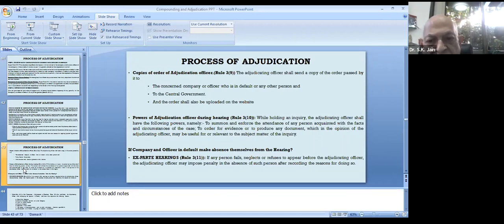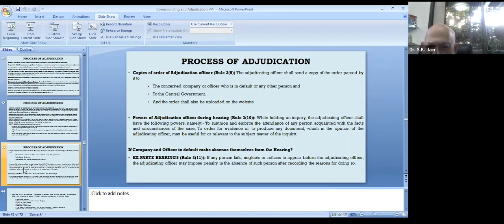To order for evidence, the ROC as an adjudicating officer can record the evidence or may force the party summoned to produce any document which in his opinion may be useful for or relevant to the subject matter of the inquiry. So the adjudicating officer has the power to summon and enforce attendance of any other person who is acquainted with the facts of the case.